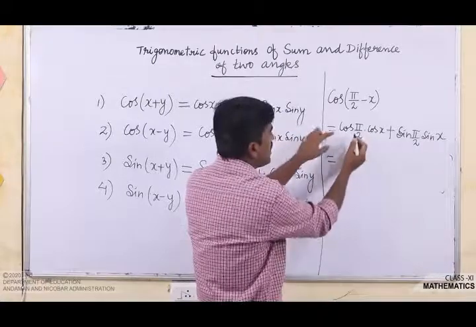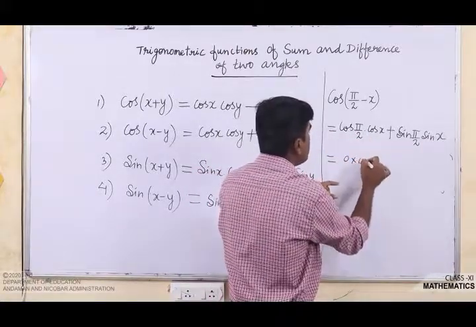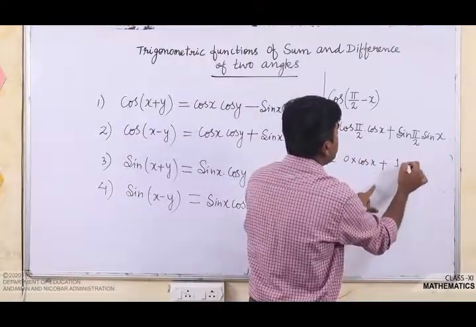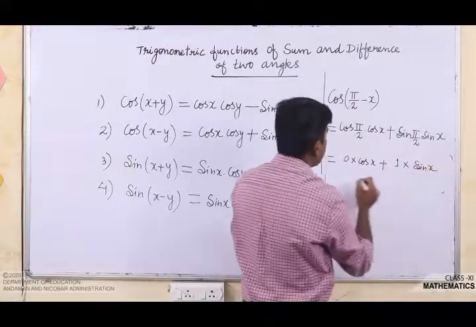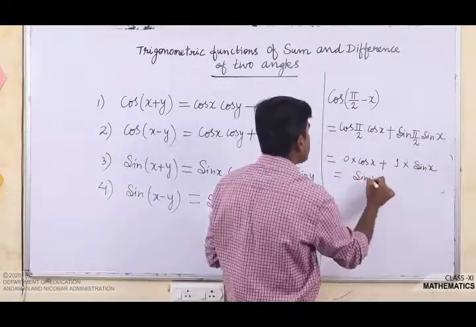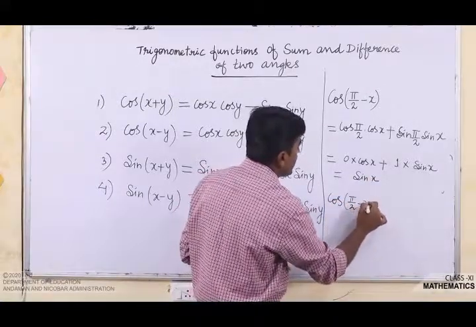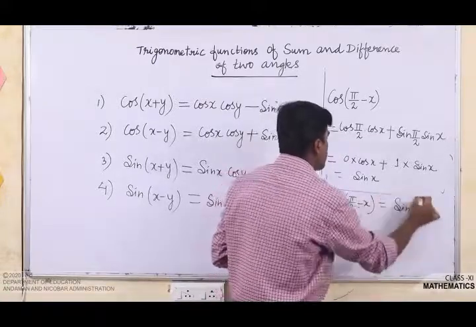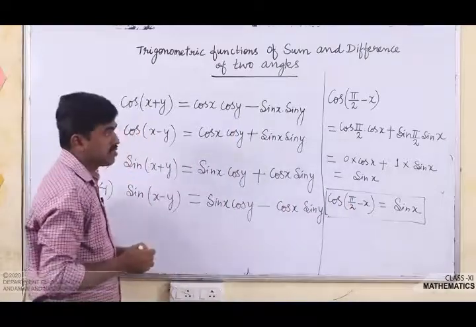What is cos pi by 2? That is 0, so 0 into cos x, plus the value of sin pi by 2, that is 1, into sin x. So that is equal to sin x. So, we obtained cos of pi by 2 minus x is equal to sin x.